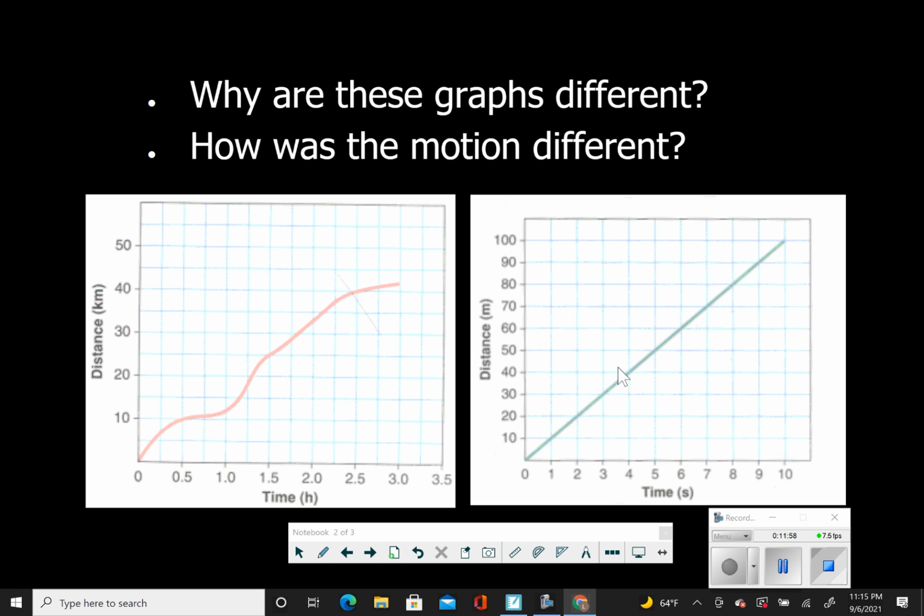So this one, the second graph, is saying it is moving at a constant speed. The curvy graph shows you that it is moving and changing speeds. It's going fast and then slowing down, almost stopped. Here it's speeding up, slowing down a little bit, moving consistently, and then slowing down more.